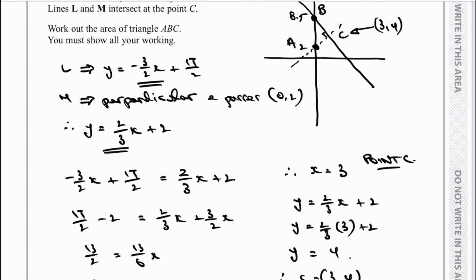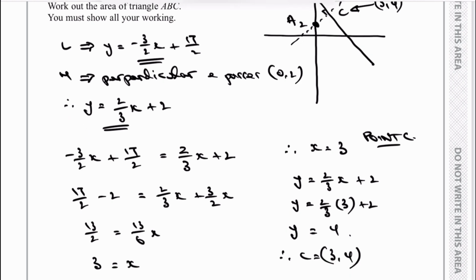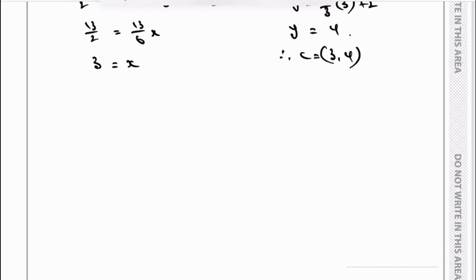So we're being asked to find the area of the triangle ABC. It's a little bit tricky to see on the little sketch at the top there, so I'm going to draw it out slightly better, because we can just use that the area of a triangle equals a half base times height.